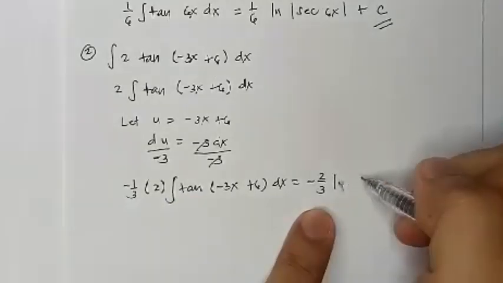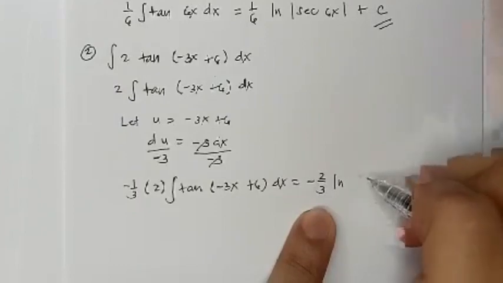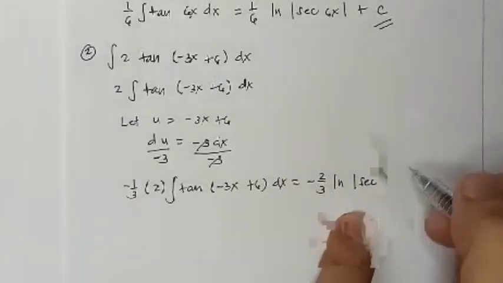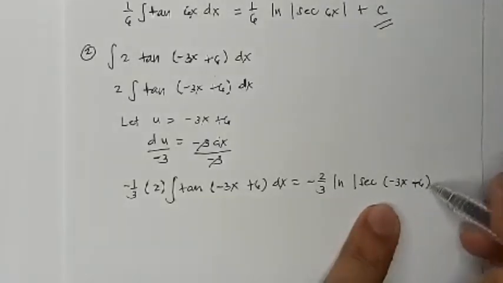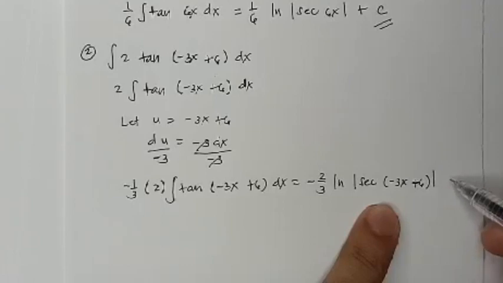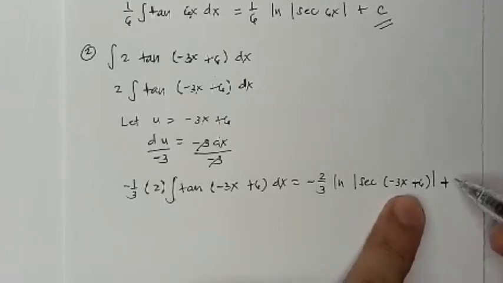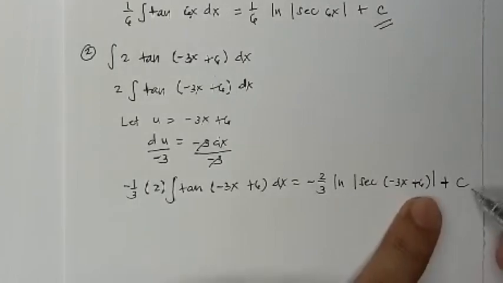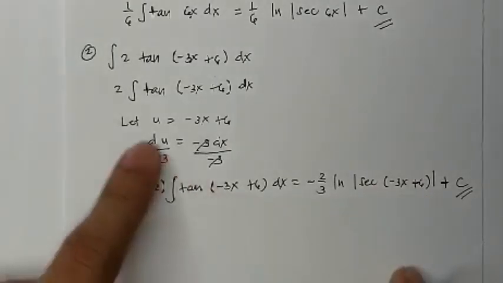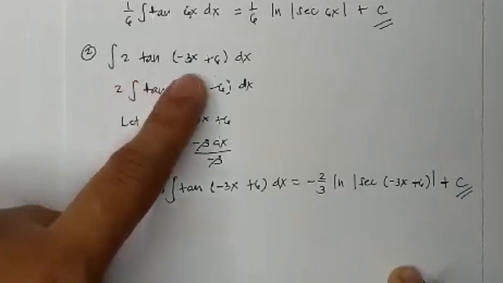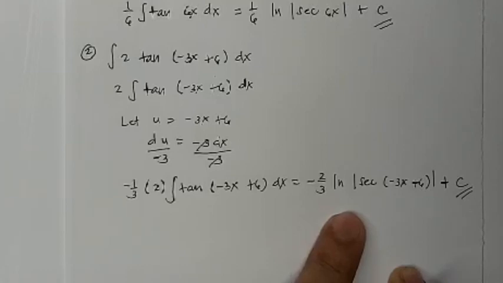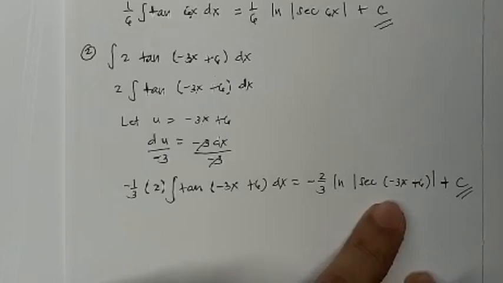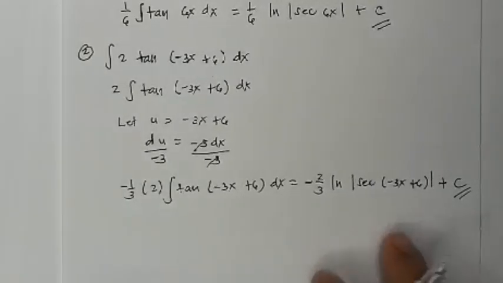So we have ln of absolute value of secant, quantity negative 3x plus 6. And finally, we affix our constant of integration, which is c. So again, the indefinite integral of 2 tangent quantity negative 3x plus 6 is simply negative 2/3 ln of the absolute value of secant quantity negative 3x plus 6 plus c. That is now our final.